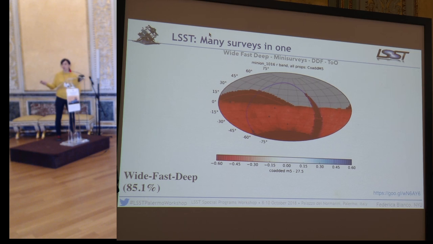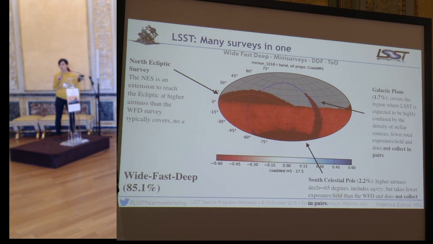However, this is just one of the LSST strategies. The full LSST 10-year survey will have the wide fast deep, which, because of science requirements, which I'll mention in a second, will probably take something between 80 and 90% of the sky time, as well as mini surveys.